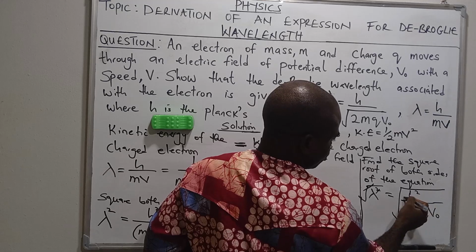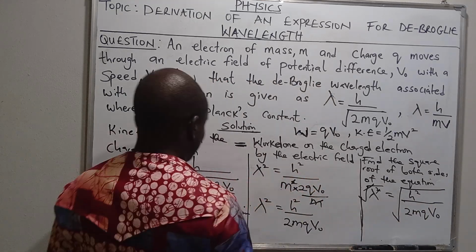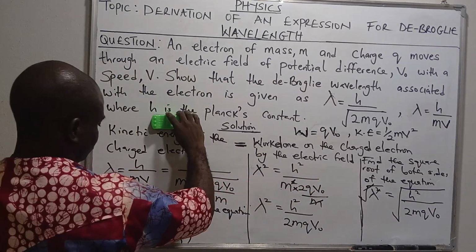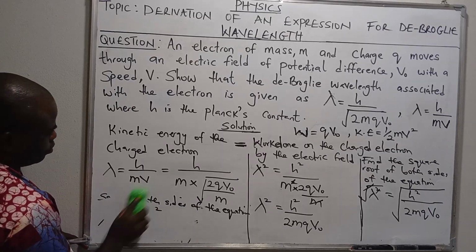You can separate the square root for the numerator and denominator.